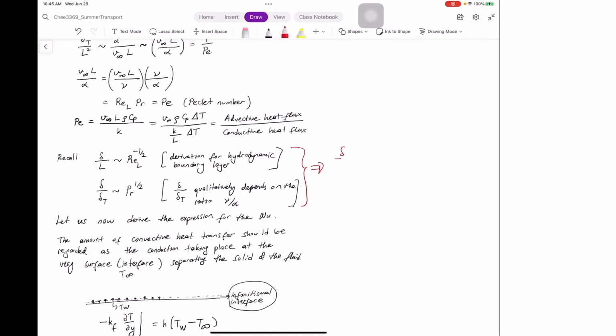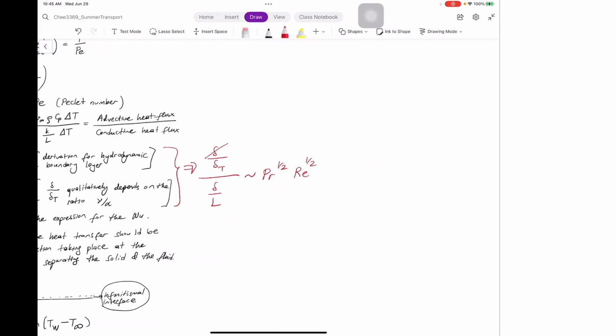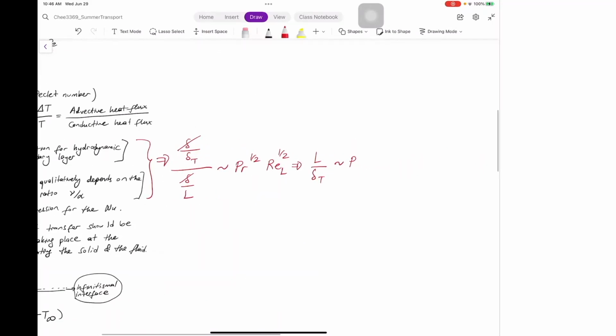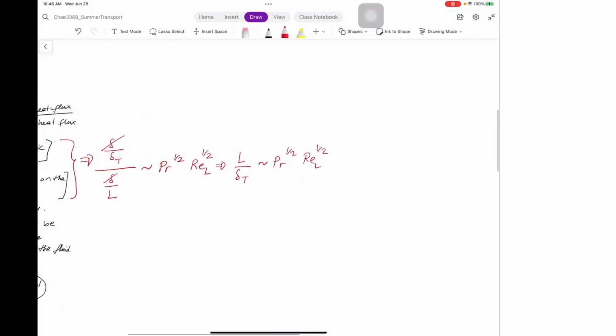So basically delta over delta t divided by delta over L is going to scale with Prandtl number to the power 1/2 and Reynolds number to the power 1/2, right? And after canceling the deltas, you find the following: L over delta t is, by the way, this is Reynolds number L, Prandtl 1/2, Reynolds number L to the 1/2.